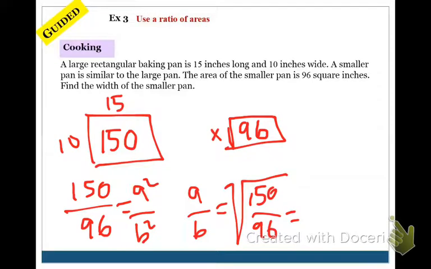So do that for me. Gunnar, what's the square root of 150? 12.25. And what's the square root of 96? 9.8. Yeah.